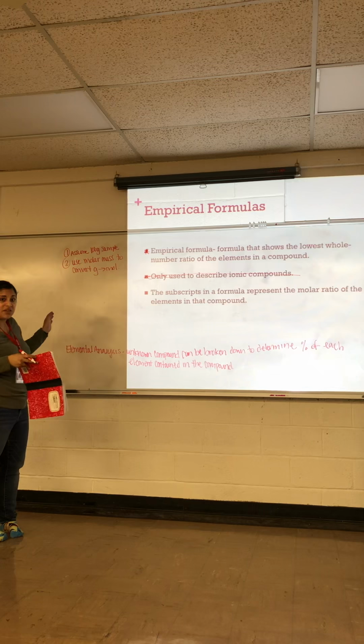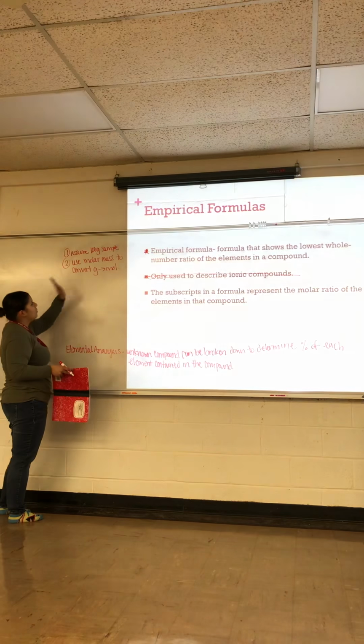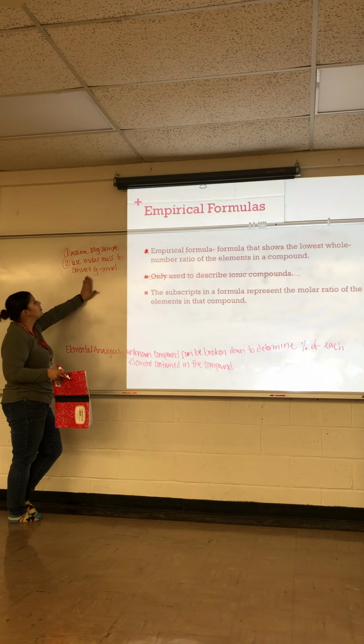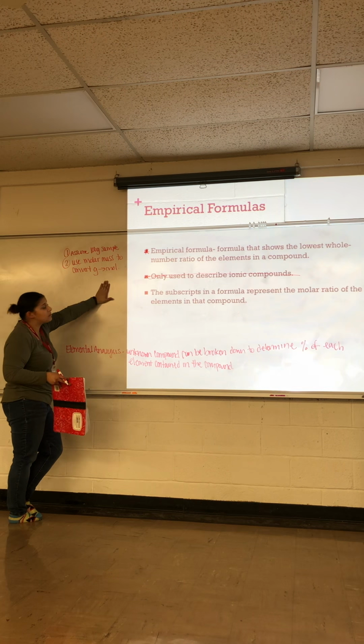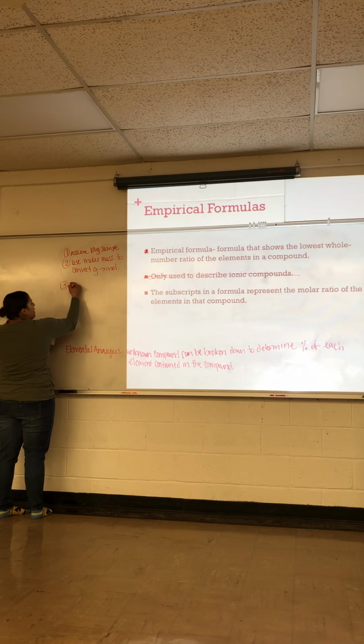All these things you can already do. Easy, I can assume 100 grams of something. The next thing, using molar mass to convert grams to moles, I don't think that's too hard, we've just been practicing that. The third step is kind of weird.